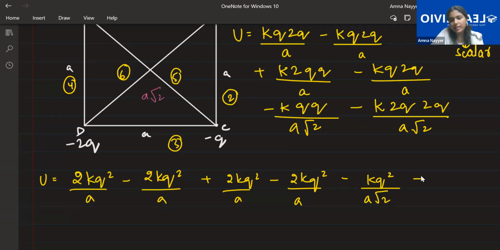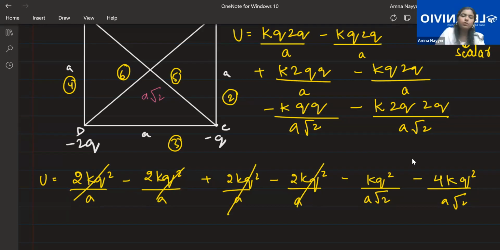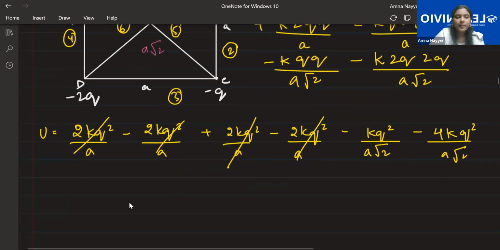This will be minus 4kq square by a. These four will cancel, right? 2kq square by a minus 2kq square by a, and this will also be cancelled. So only this will be left. So see, if you take only the 4 by mistake, your answer will be 0, which is not in the options.